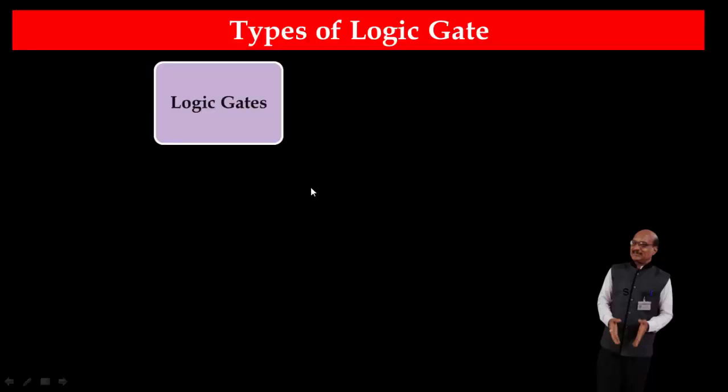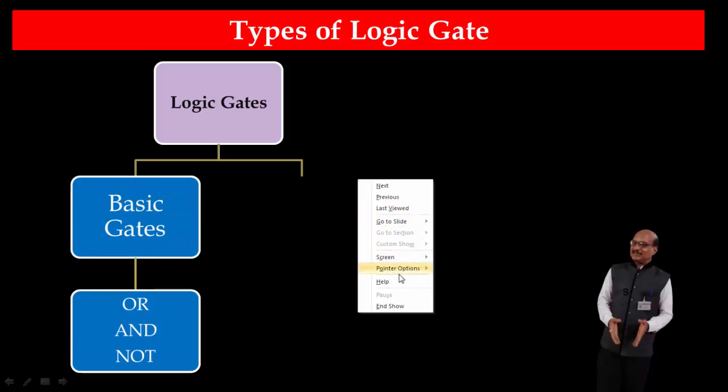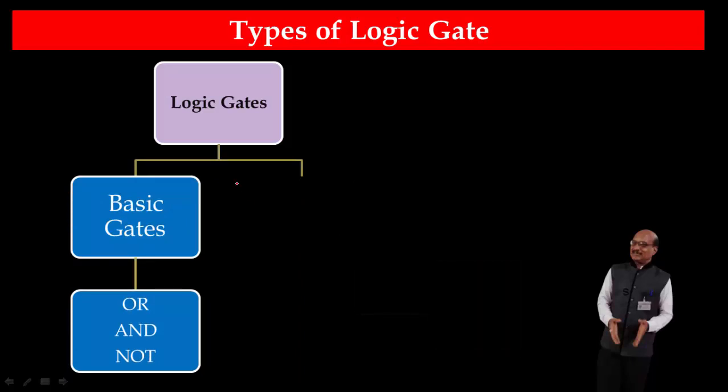Now we consider the type of logic gates or the classification of logic gates. Now, as we have seen the definition of logic gates, so this is an logic circuit having more than one inputs and only one output. Now the logic gates are classified as basic gates or fundamental gates.